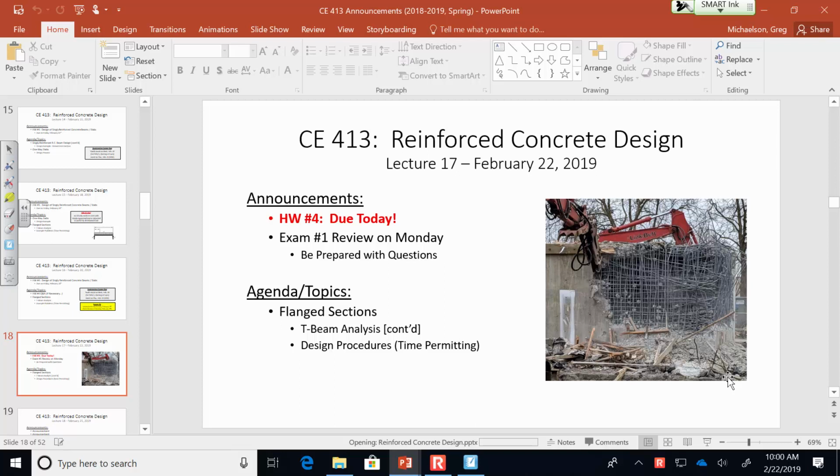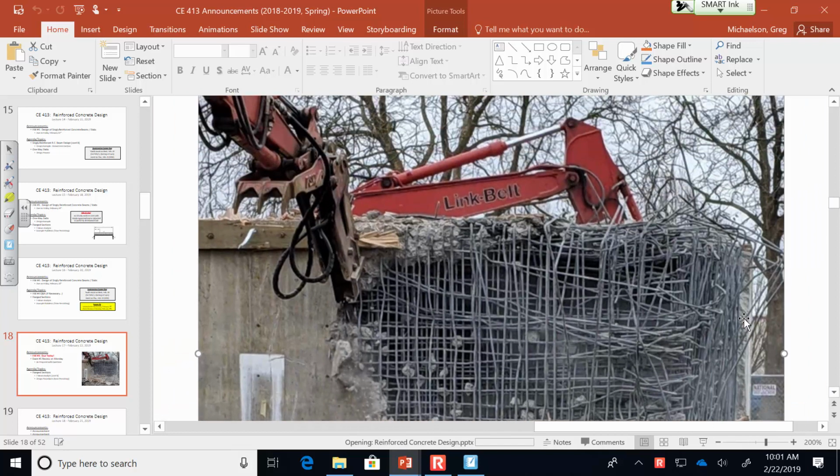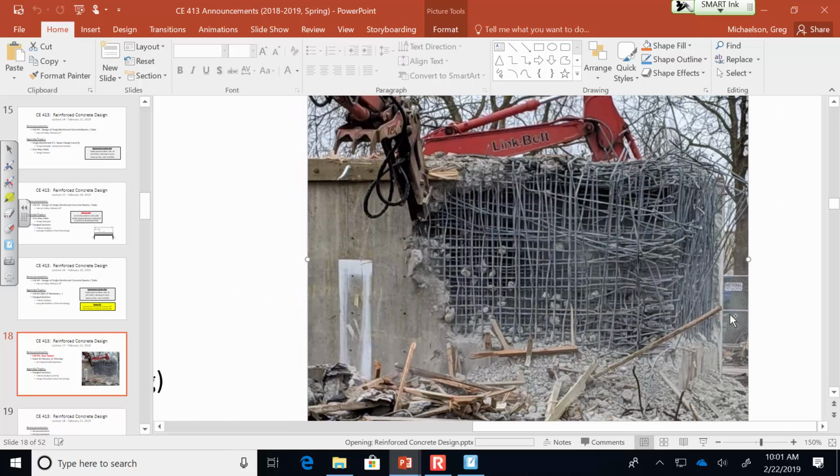I saw something. This has nothing to do with anything, but I saw this post on Reddit, and I was like, "This is actually relevant to this class." And it's just kind of cool. This is an image of a bank vault that's being demolished. Look at all that rebar. It's just insane.